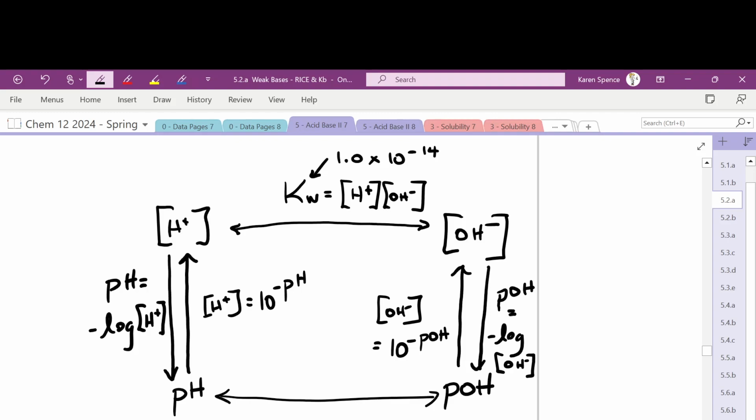And how do we go back and forth between pH and pOH? pKw is equal to what? pH plus pOH, and pKw is equal to 14.00. There we go.